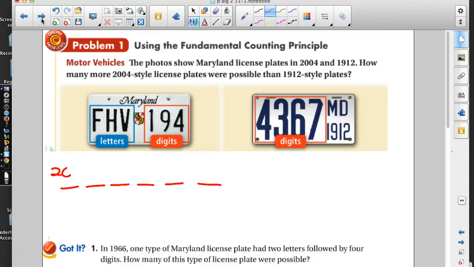So you could choose any of the 26 for the first slot, any for the second slot, any for the third slot. And then we get to the back 3, and those are digits. So you have to think, okay, how many numbers could I put in this slot for digits? 0 is an option. So I'd have 0 through 9, and that's actually going to be 10 digits.